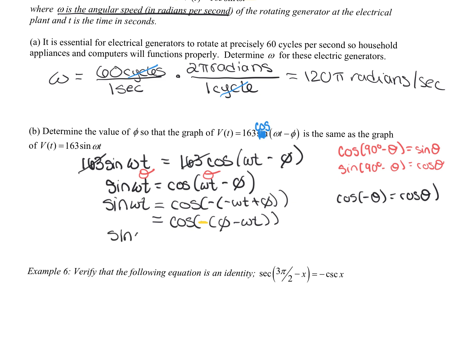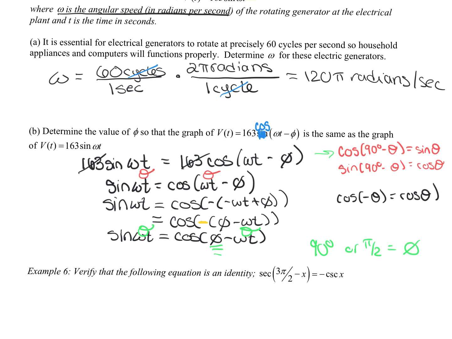So now I have sine of omega t equals cosine of phi minus omega t. And if you just want to call this thing theta and theta, then this right here, phi, has to be 90 degrees or pi over 2 so that I can call it my co-function formula.